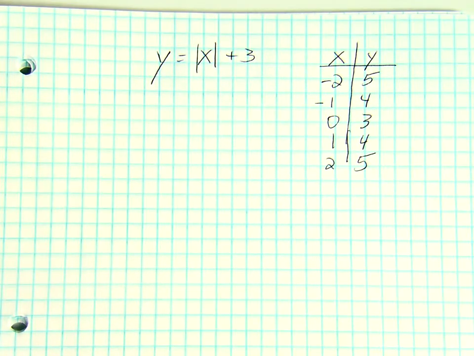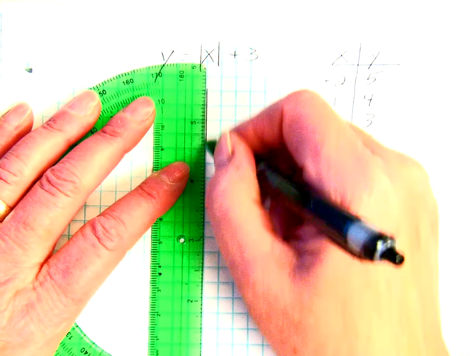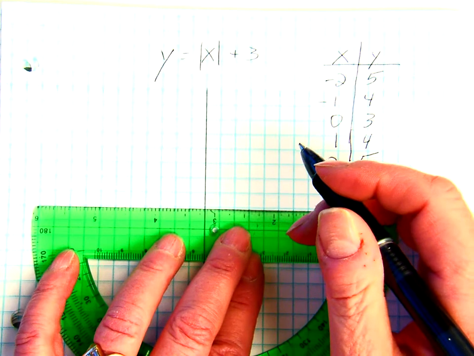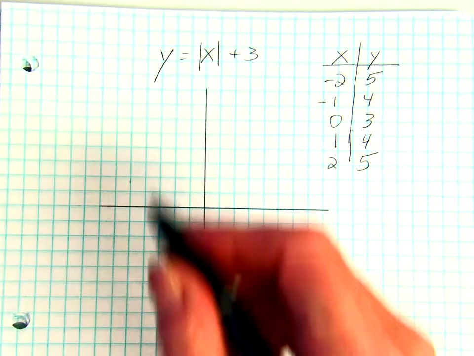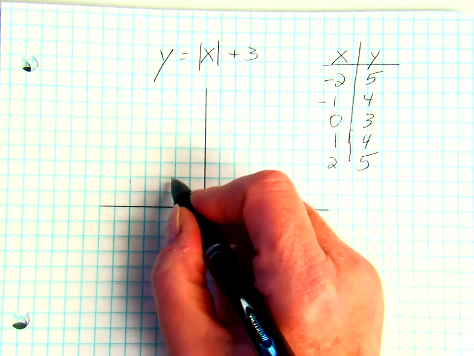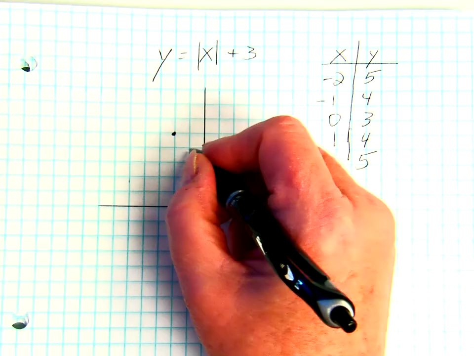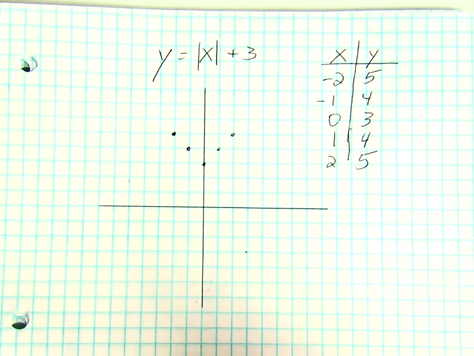Okay? So, building our V again. Let's make our coordinate plane. Let's graph our points. -2, 5. -1, 4. 0, 3. And so on.